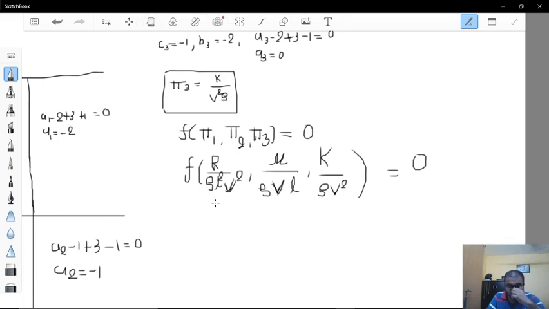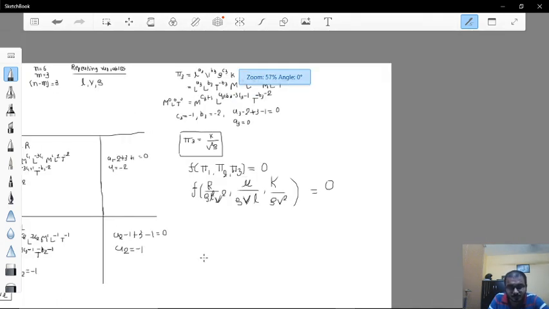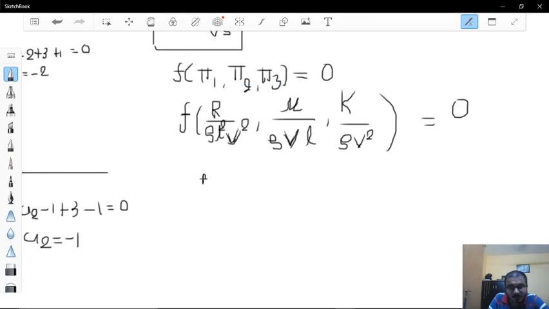So we can write down that R upon rho L square V square is equal to function of mu upon rho V L, comma K upon rho V square.